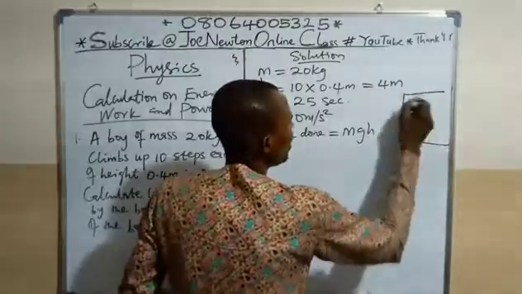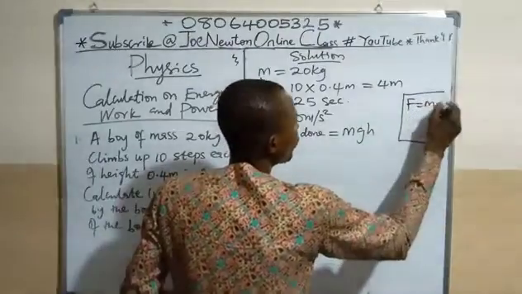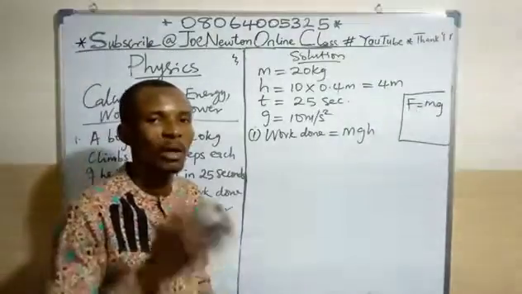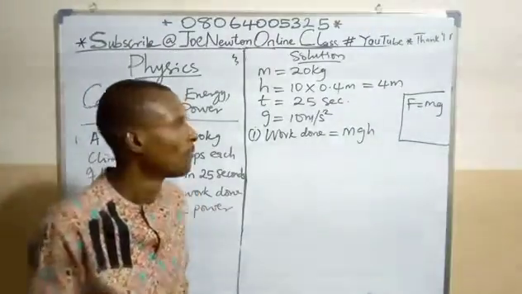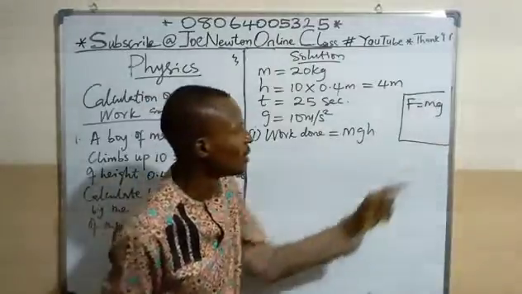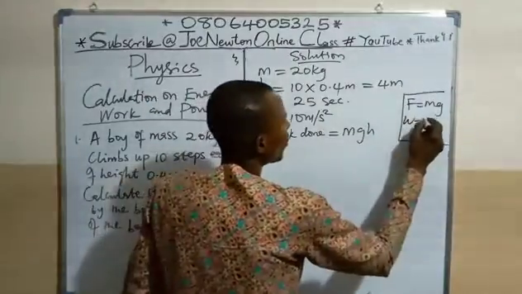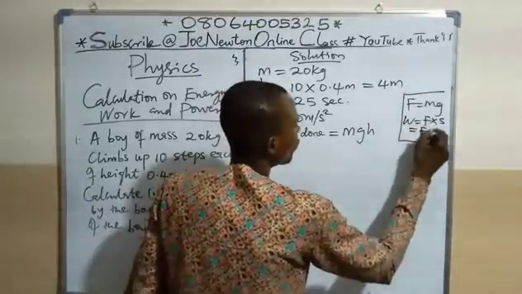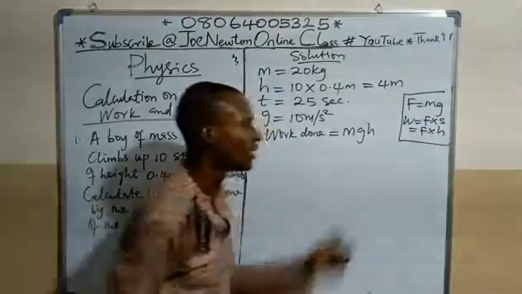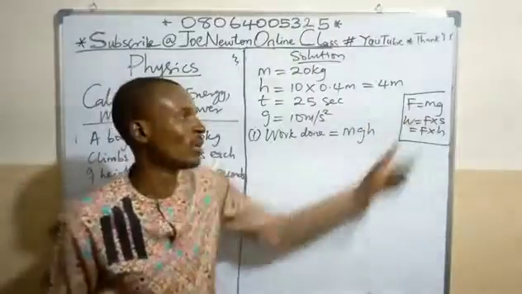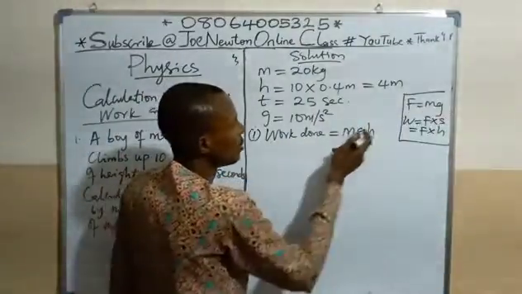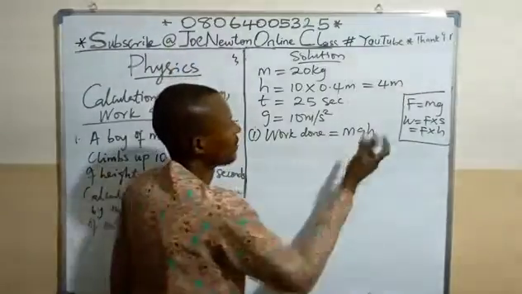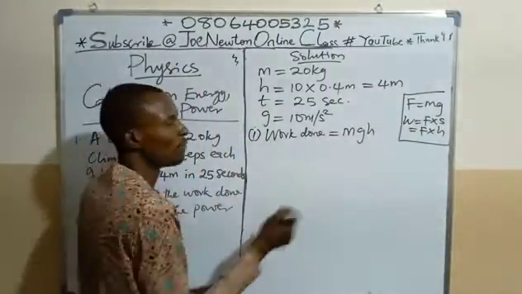If F equals mg, that is under gravity, then F equals mass times acceleration, ma. So if F equals mass times gravity, the work equals force times distance, which is force times height. You can see that this formula agrees with this, because mg is the force and the vertical distance is height. So there's no confusion there.